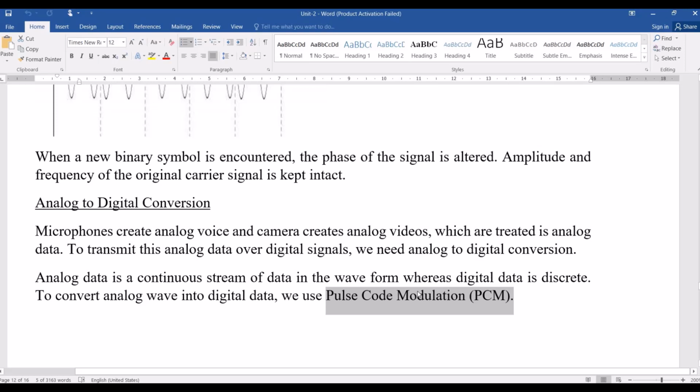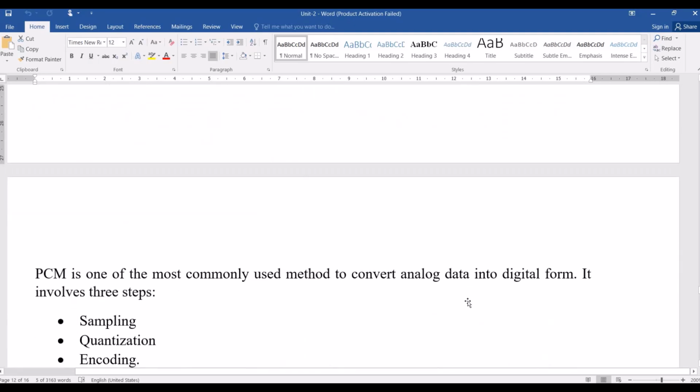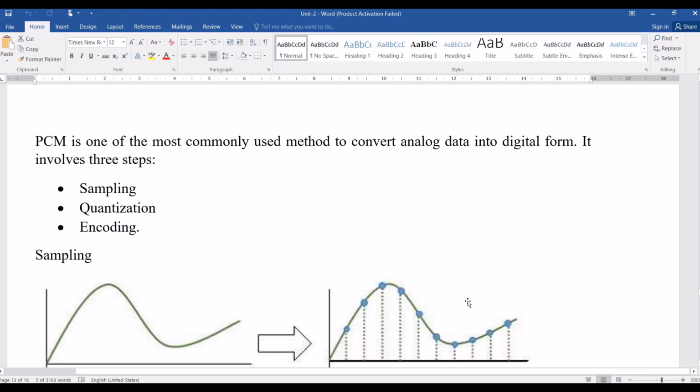This is the technique for converting this: pulse code modulation, PCM. PCM is one of the most commonly used methods to convert analog data into digital form.